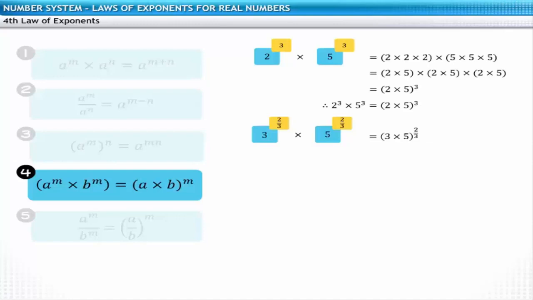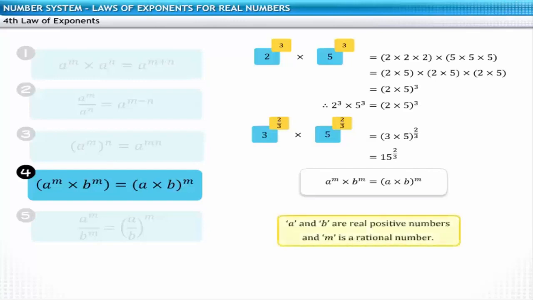The exponent 2 upon 3 is common. Hence, we can multiply the bases. The answer is 15 raised to 2 upon 3. The fourth law of exponents states that to multiply two numbers with the same power, raise the product of the bases to the same power.